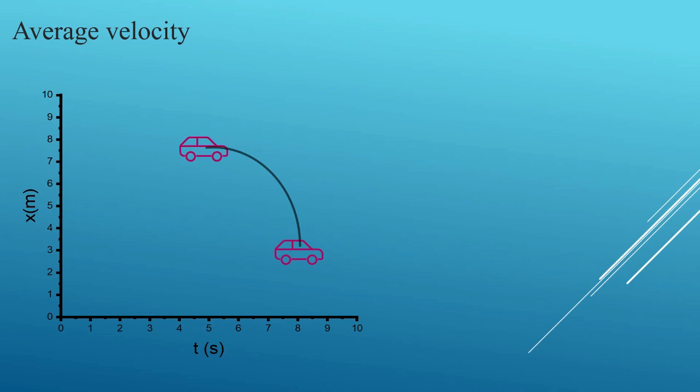So remember, for the average velocity, I'm going to say delta v is equal to x2 minus x1 over t2 minus t1, right? That's the only thing I care about. So if I have the first position and the last position, then I can calculate the average velocity, okay? So I don't care about the path here for the average velocity.